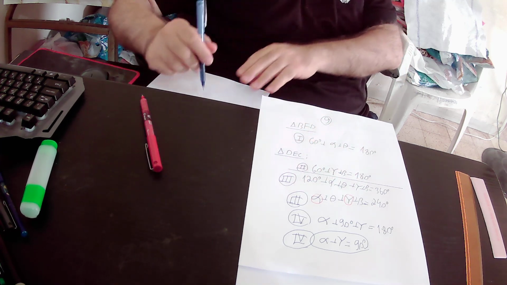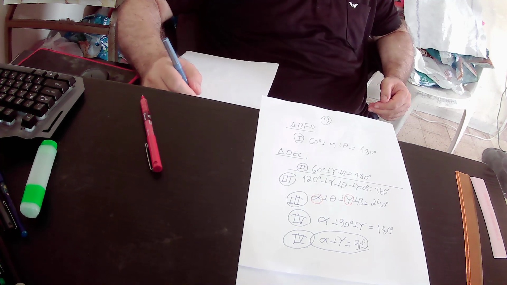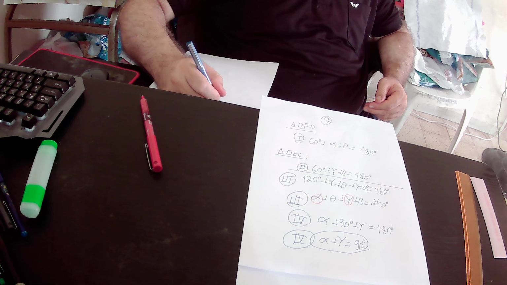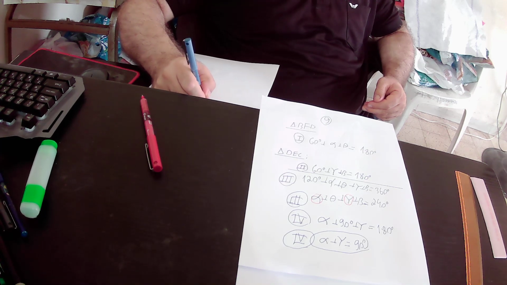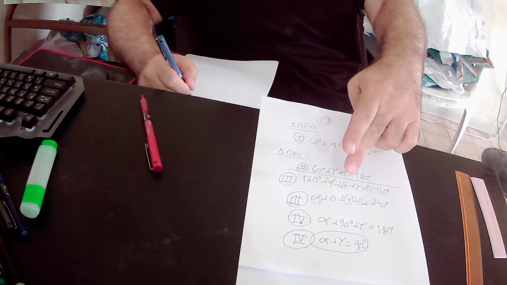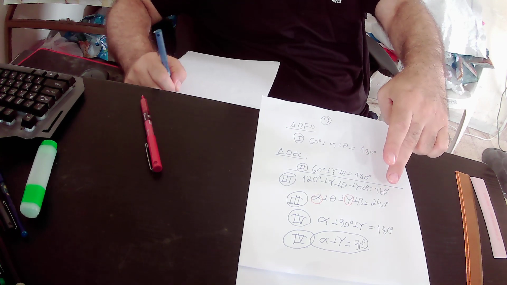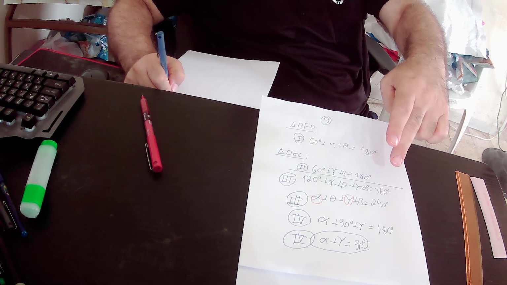Okay, and we will get that 90 degrees plus theta plus beta equals 240 degrees.